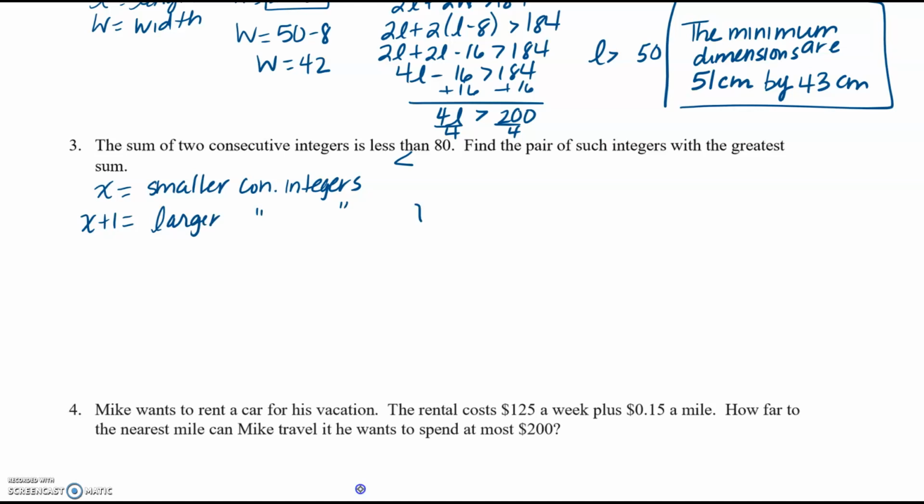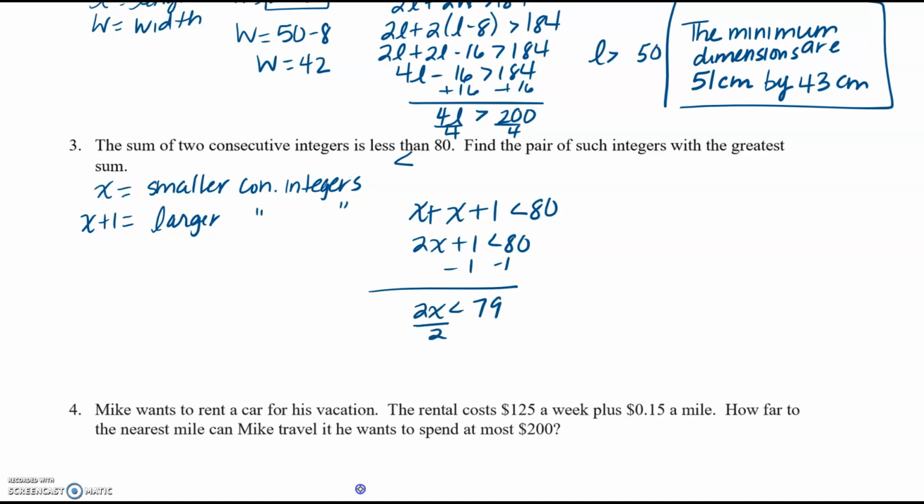Okay, so we get x plus x plus 1 is less than 80, or 2x plus 1 is less than 80. I'm going to subtract 1, and I'm going to get 2x is less than 79. When I divide by 2, my x is less than 39.5.